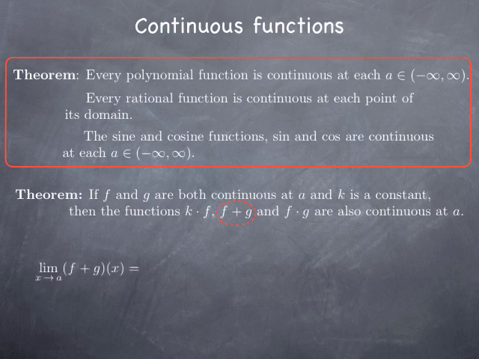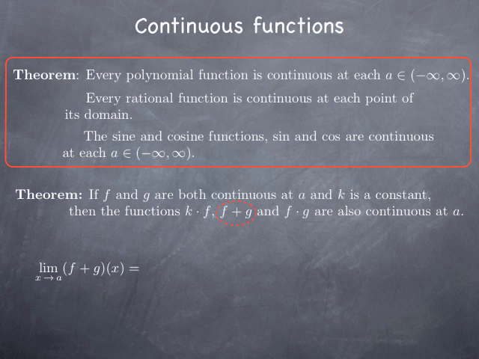So we want to check that to obtain the limit of f plus g at a, we only need to plug in x equal a. For the limit of a sum, we know that it is the sum of the limits as long as all the limits involved exist. The limit of f of x at a exists and is f of a because f is continuous at a.